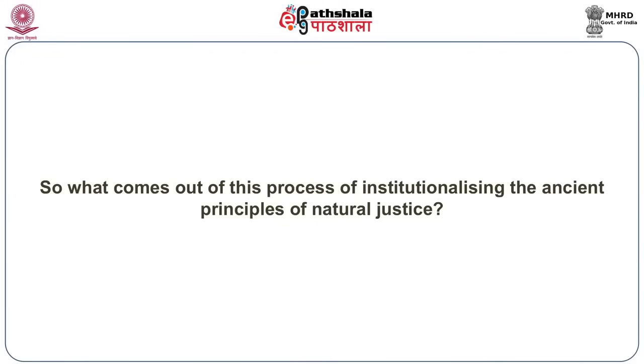So what comes out of this process of institutionalizing the ancient principles of natural justice through English legal history of the 17th up to the 19th century? Well, we get basically three main components to what we regard as universal natural justice that must be procedurally implemented into the law of every single country and institution.